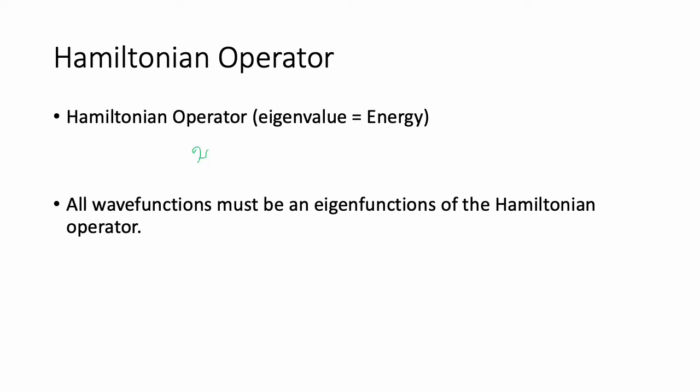So this operator is equivalent to negative h bar squared, where h bar is h over 2 pi, over 2m, where m is the mass, usually in kilograms, multiplied by the second partial derivative with respect to x, and we also add the total potential energy of the system. So V hat of x is equal to potential energy, which is usually given in joules.